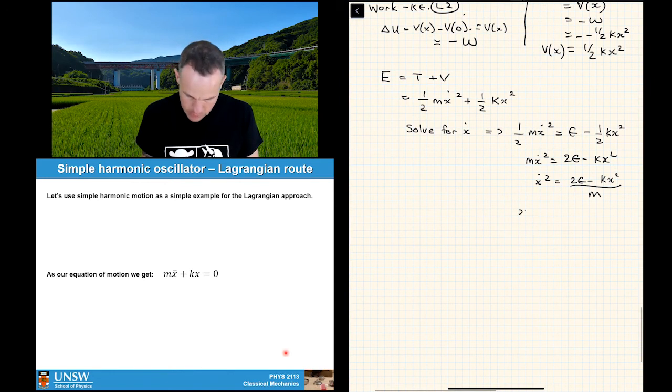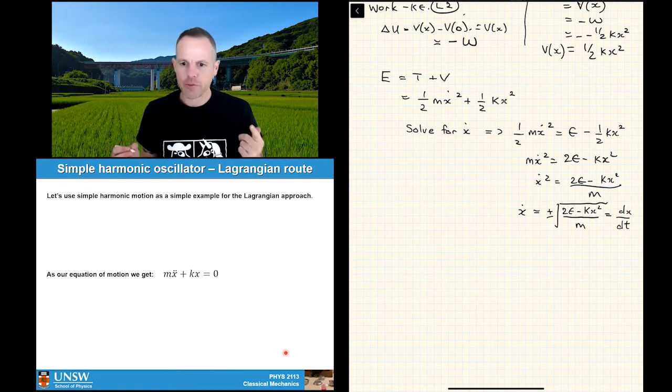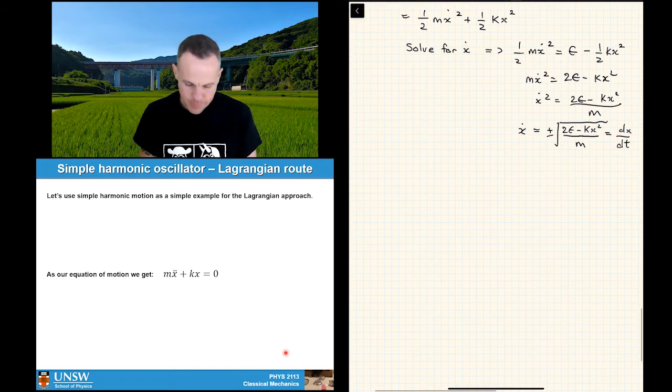So this will be x dot is equal to plus or minus, which is always important, the square root of 2E minus kx squared on m. And of course, x dot is dx on dt. So what I'm going to do here is try to get time as a variable, and I'm going to do it because it's going to pop me out the amplitude. I kind of just know where I'm going with the problem.